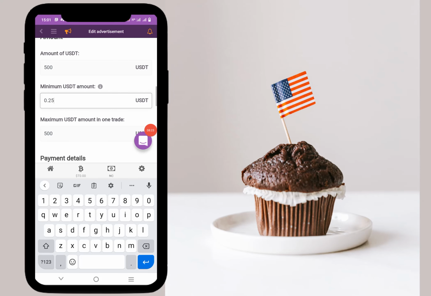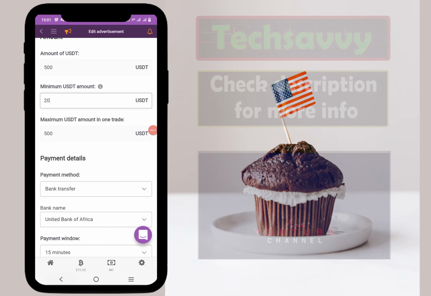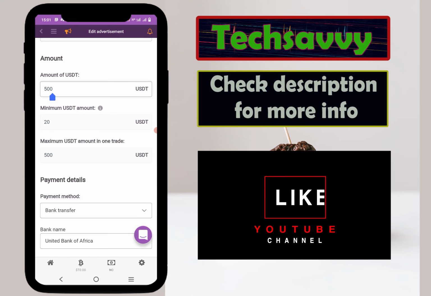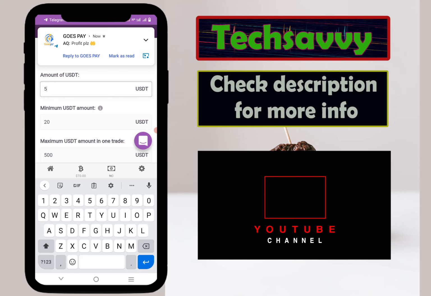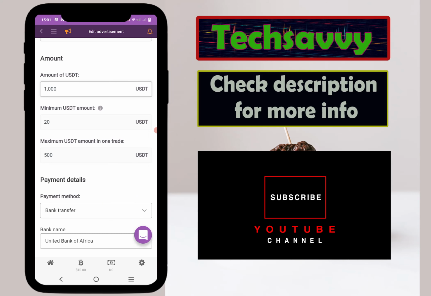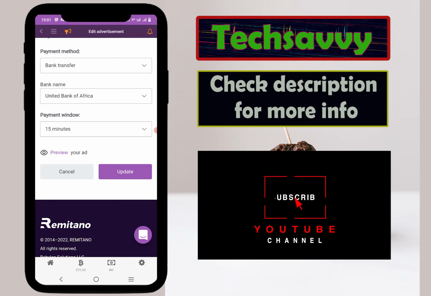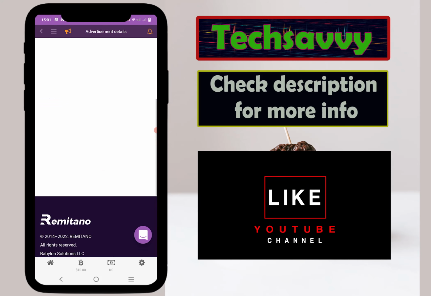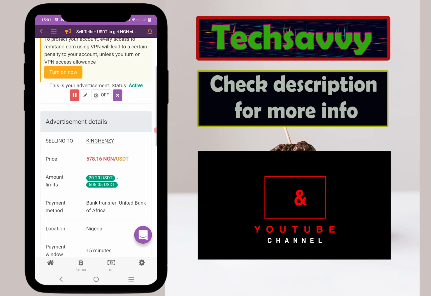I don't want anything less than 50, or probably 20 USDT. That's the minimum I want. And then the maximum, I can put at 5,000 or 1,000 USDT. So with this, when people see my ad, once I'm done, I click on update. So this is the way my ad will show.